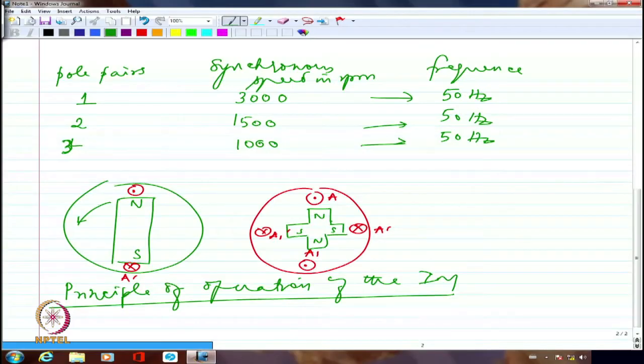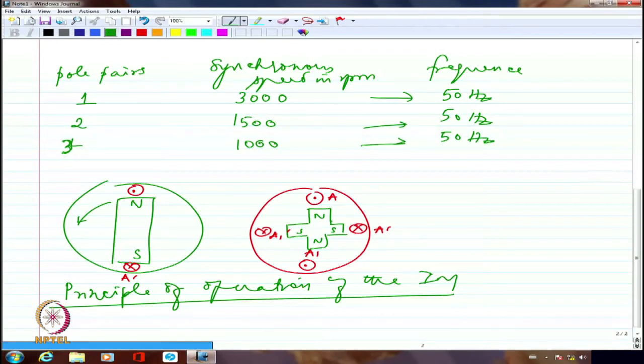Now what happens as far as the induced EMF is concerned? The induced EMF will become double the original frequency. If it had been only one North Pole and one South Pole, A would have gotten induced EMF corresponding to North Pole. After 180 degrees only it will get an induced EMF corresponding to South Pole. So it is exactly matching with whatever was the mechanical rotation. But if I have 4 poles, it will face North Pole at 0 degree.